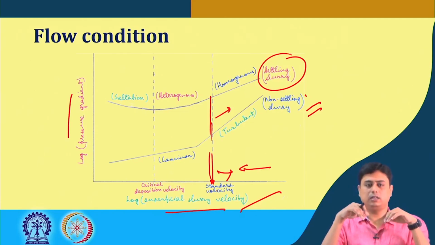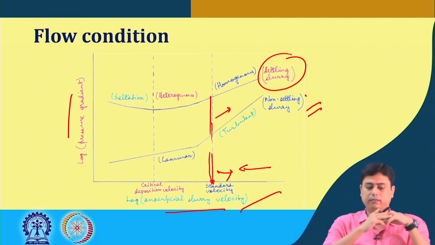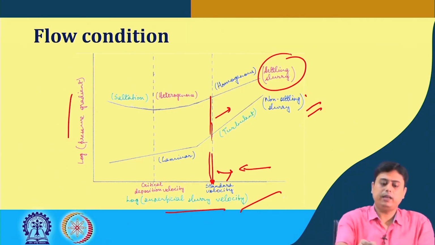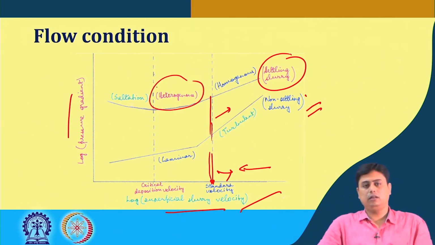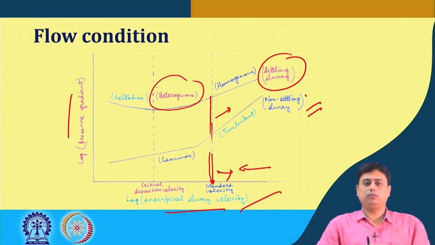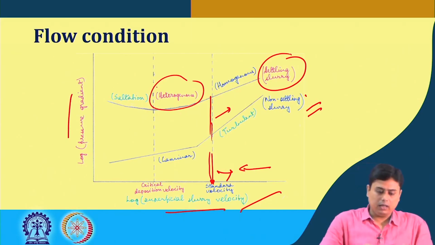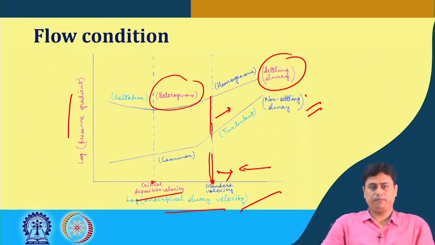With that concept, it creates a homogeneous mixture or homogeneous flow. But below this standard velocity, there is evidence of heterogeneous flow, which means there is a concentration gradient across the cross section. The particles settle rapidly, it creates a layer of particles, and if we go further below another value called the critical deposition velocity, the particles deposit.